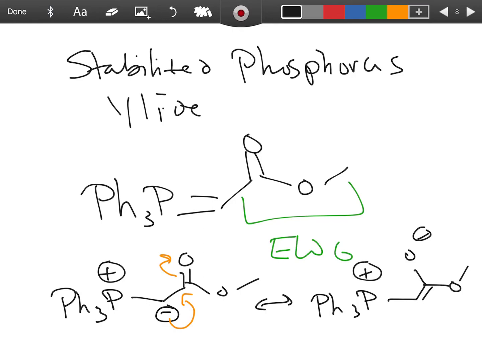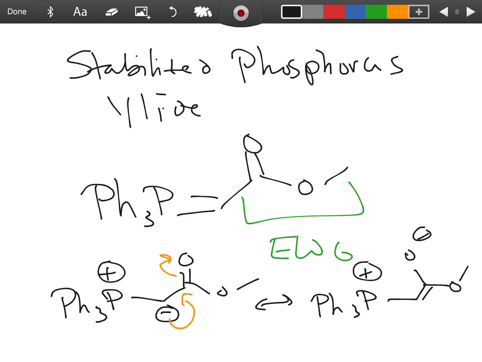So stabilized ylids have some electron withdrawing group that through resonance can stabilize the negative charge on the carbon. Your phosphorus is positive, your carbon is negative. The stabilized ylid has some group that's going to suck that negative charge up in resonance.